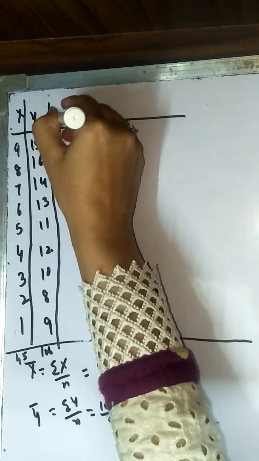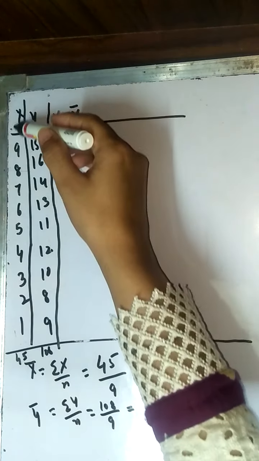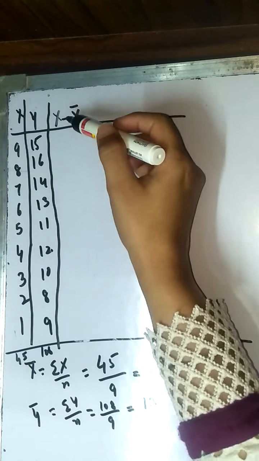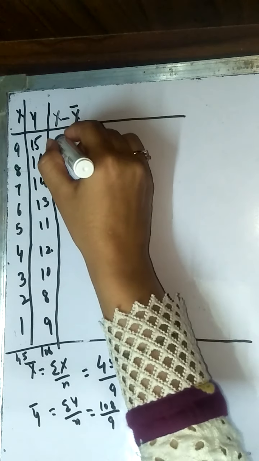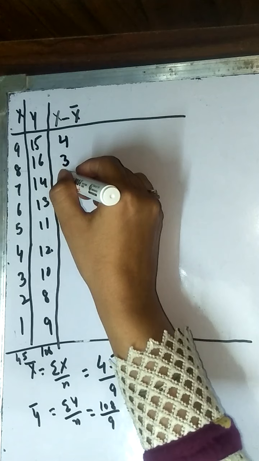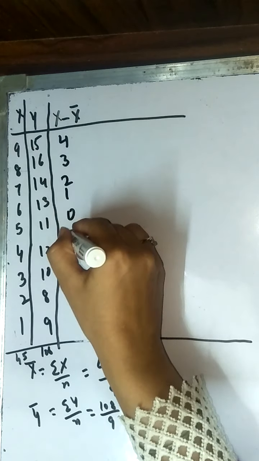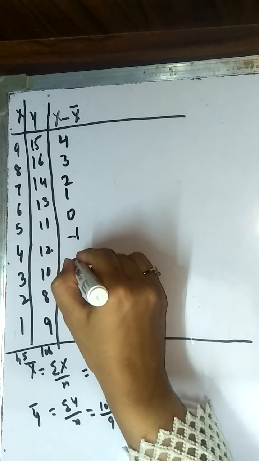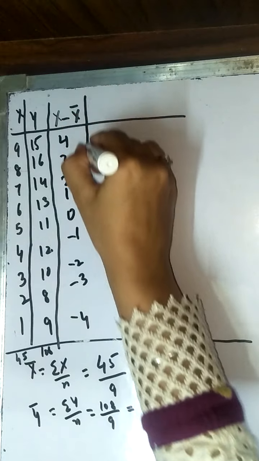Then we find x minus x mean. Here we subtract the mean of x, that is 5, from the given variable x. So 9 minus 5 is 4. Next, 8 minus 5 is 3. Next values are 2, 1, 0, minus 1, minus 2, minus 3, and minus 4.